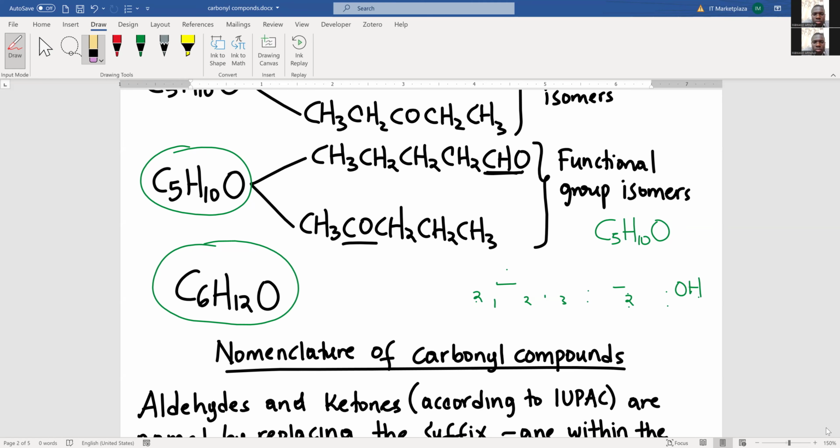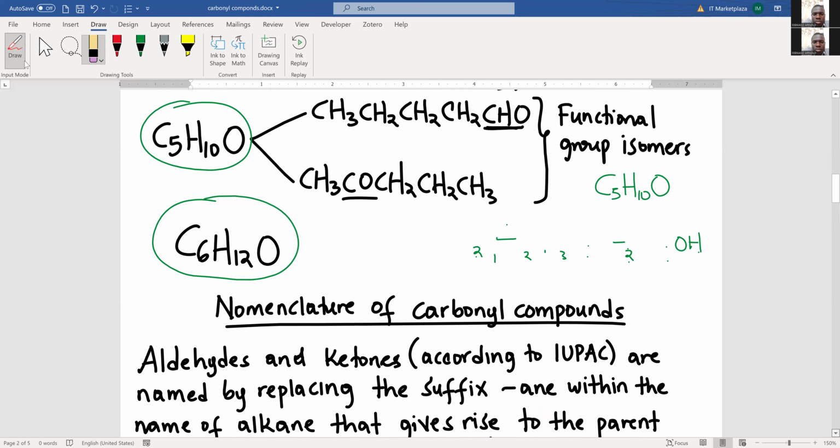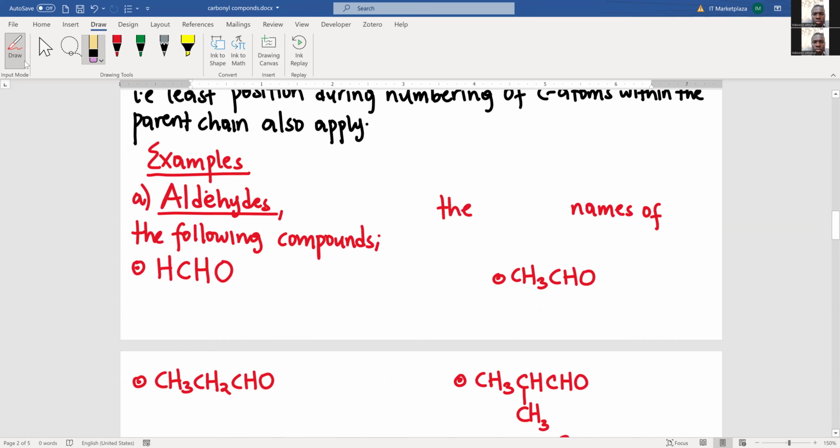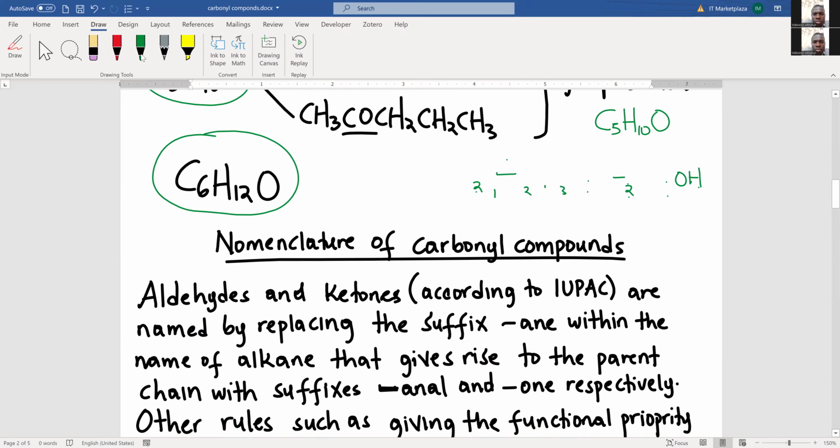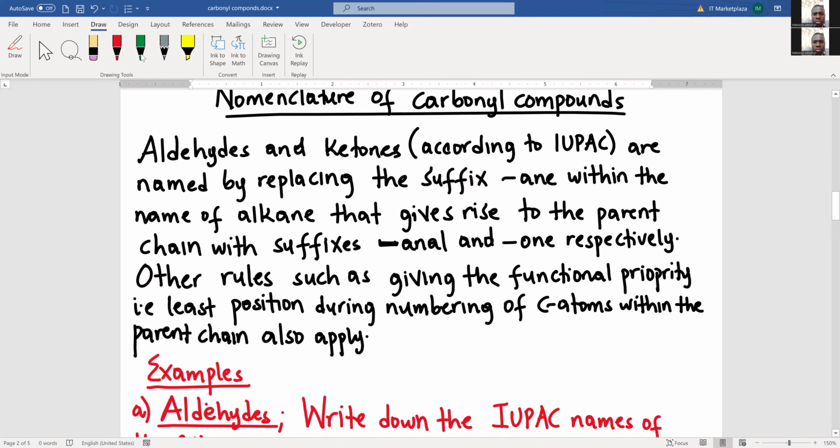Now we focus on a different concept, and that is nomenclature of carbonyl compounds. Aldehydes and ketones, how do we name them?